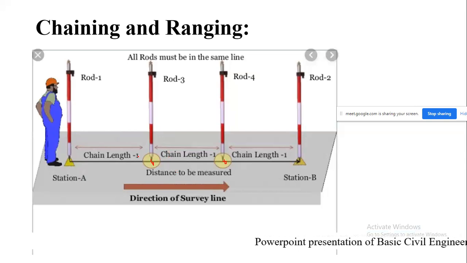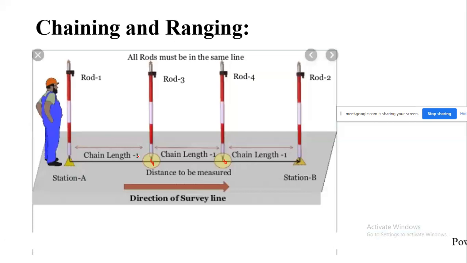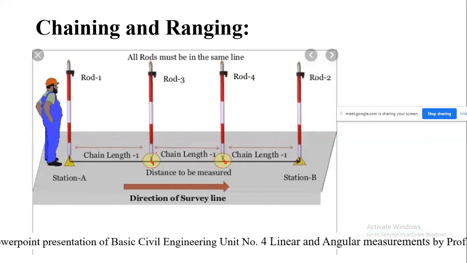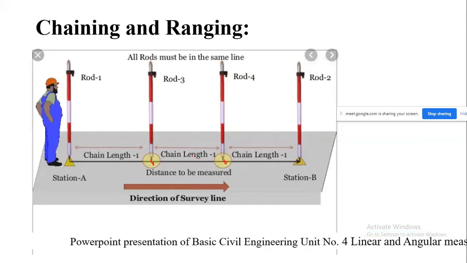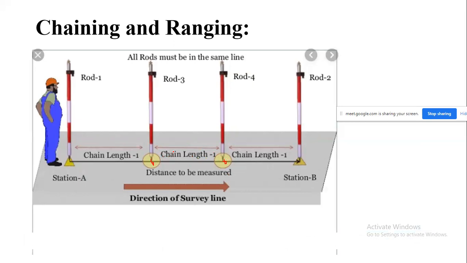If he is standing far away, I will move the corresponding hand faster. When he is approximately at the center, I will slow down the motion of the hand. While conducting the practical, you will get this concept clear. That is nothing but ranging, marking the intermediate points.